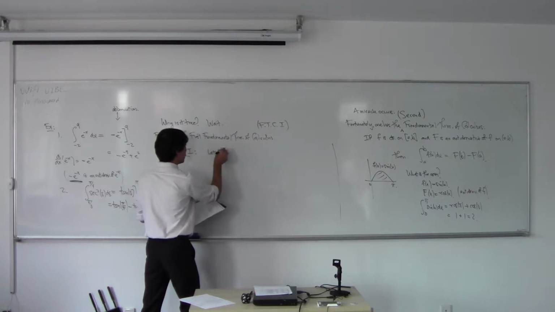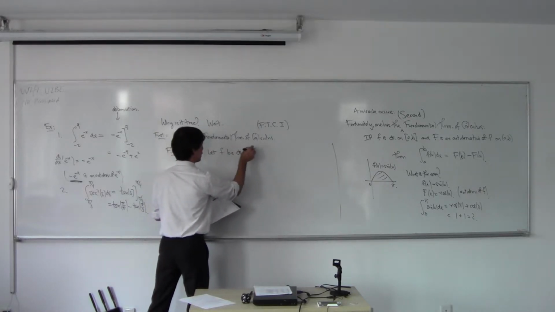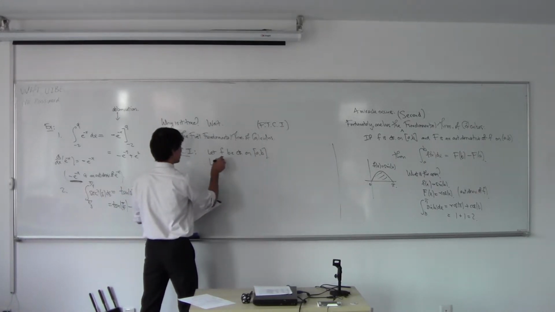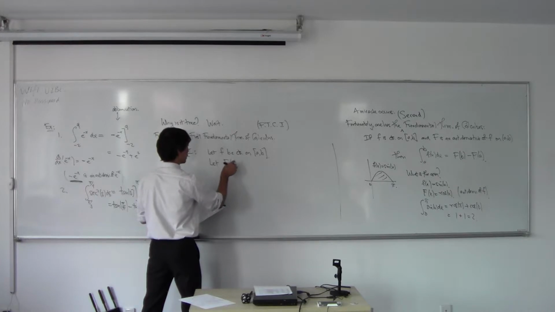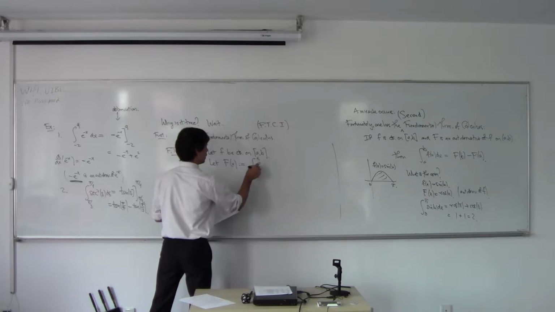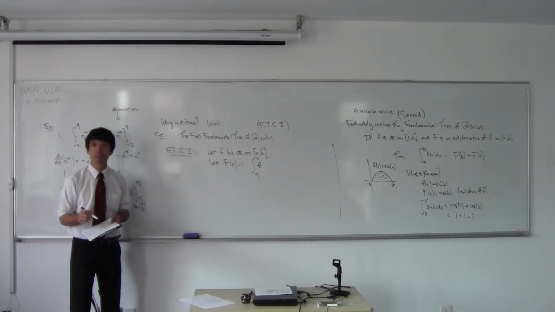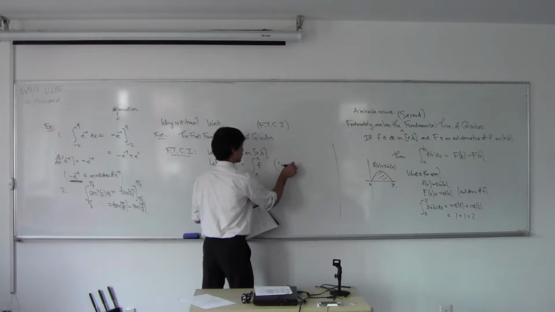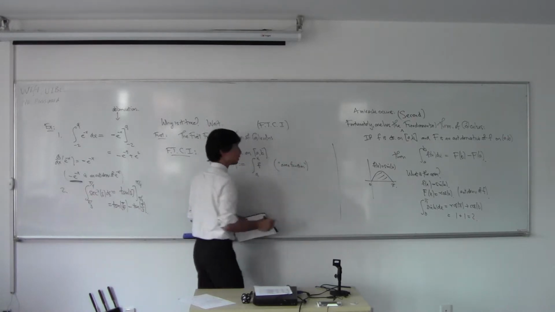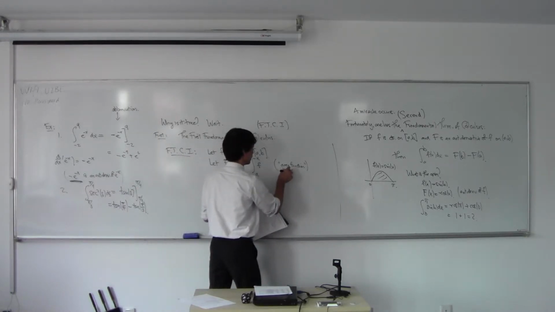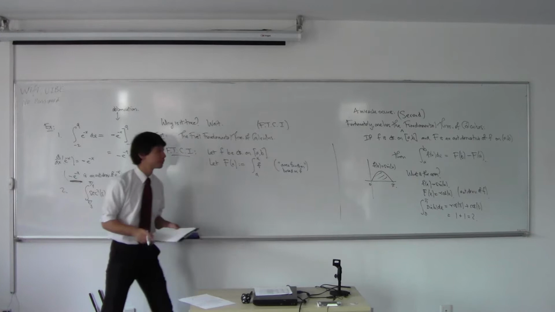Let f be continuous on [a, b]. Let capital F be the definite integral from a to x of little f. Okay. So this is some sort of area function, an area function based on little f.